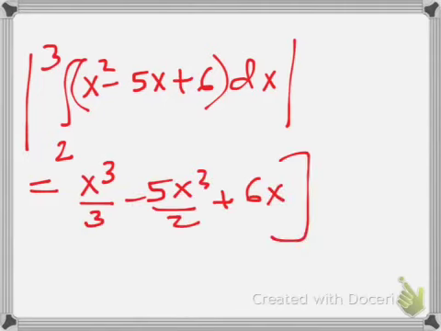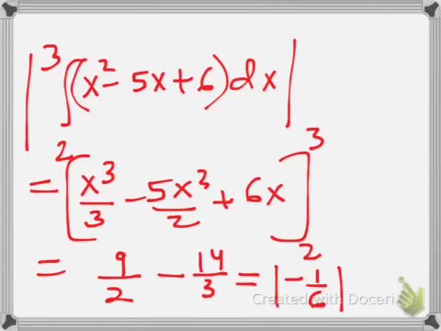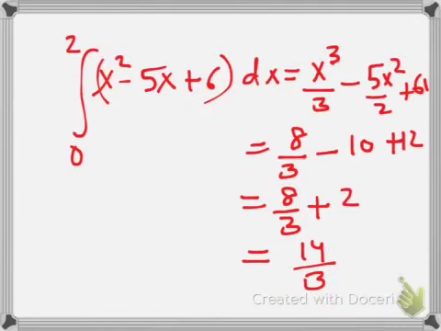You plug in 2 and 3. I know the value at 3 is 9.5, which I calculated before. I know the value at 2, which I calculated in the previous slide, is 14 thirds. So this comes out to be negative 1/6. I take the absolute value, so it's positive 1/6.